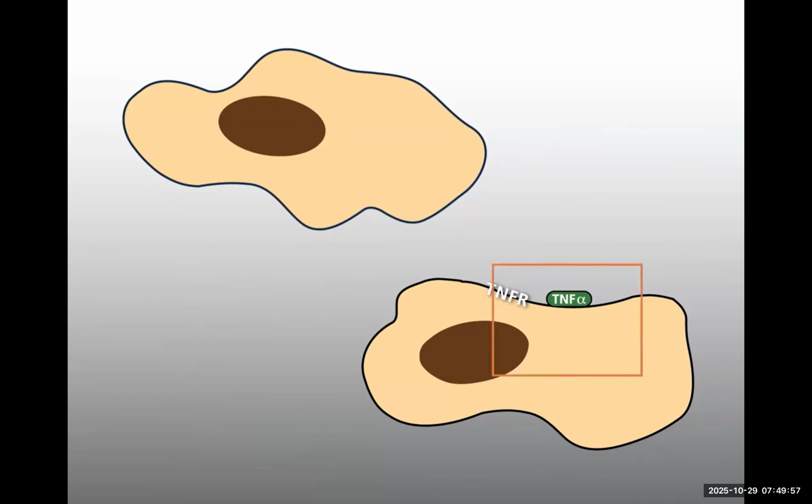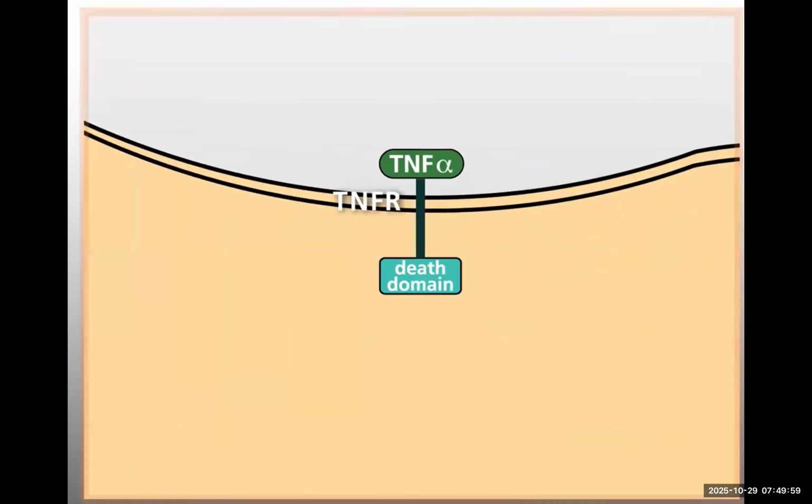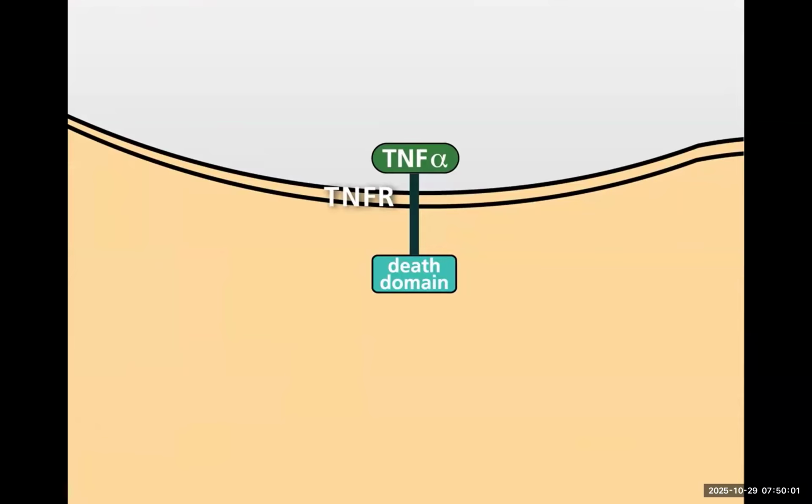TNF-alpha binds to the TNF receptor at the outer membrane of the cell. Subsequently, the so-called death domain at the cytoplasmic side of the receptor is activated. As a result, cytosolic proteins with their own death domains bind and are activated. The first protein that binds to the cytosolic part of the receptor is the TNF receptor-associated protein with death domain, or TRAD.